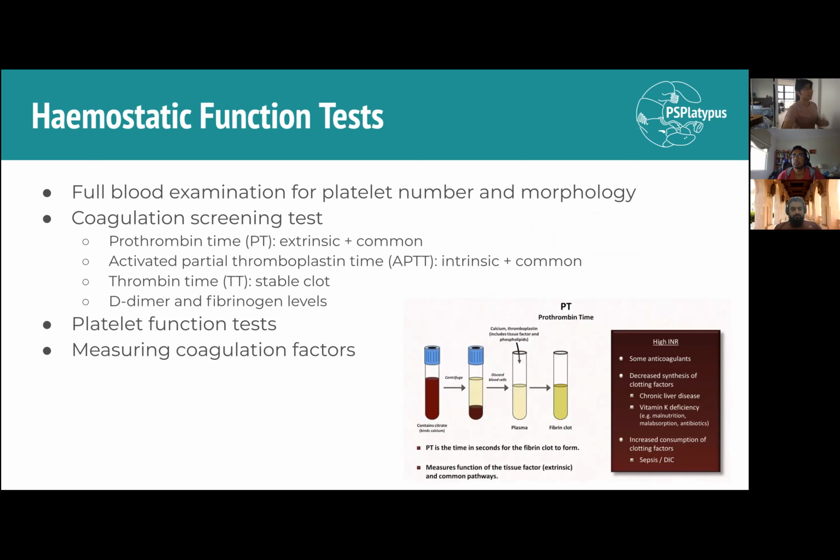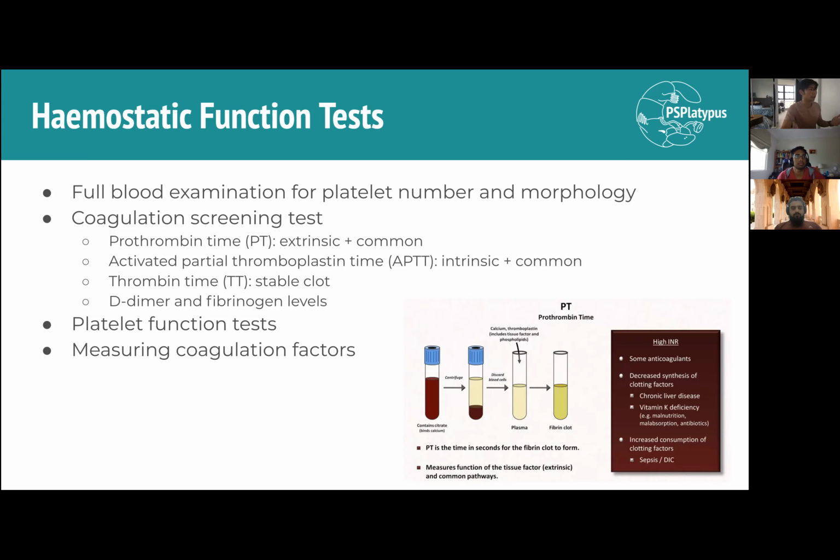And then an example of these is the hemostatic function tests. Usually you do a full blood count and examine the number of platelets, as if you have low platelet numbers, you're going to have slow coagulation times. In terms of a coagulation screening test, there are a few major key tests that are done, which are the prothrombin time, which measures how long it takes for a clot to form via the extrinsic pathway.